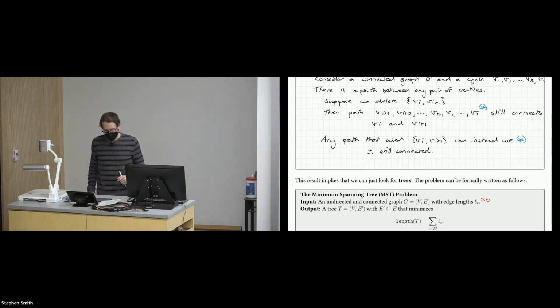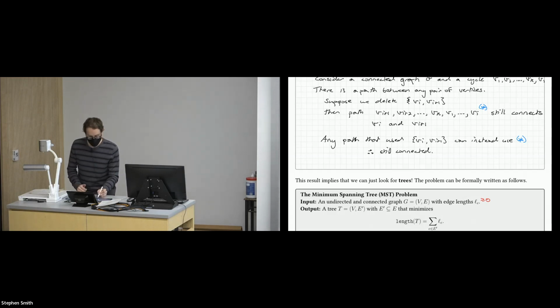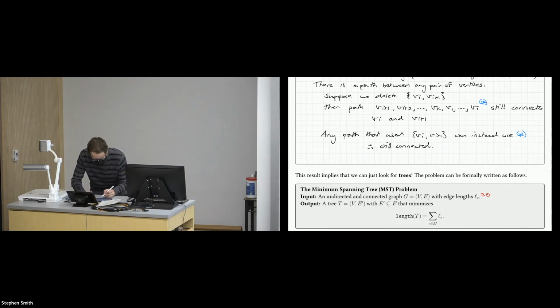And the output is a tree. So the tree has the same vertex set and uses just a subset of those edges that minimizes the sum of the edges in the tree, right? So I'm summing up over E prime, the edges in the tree.